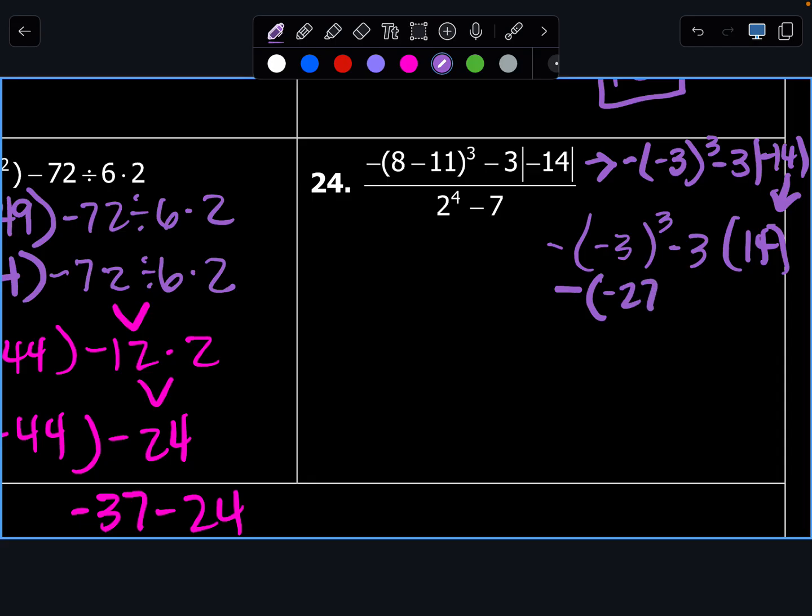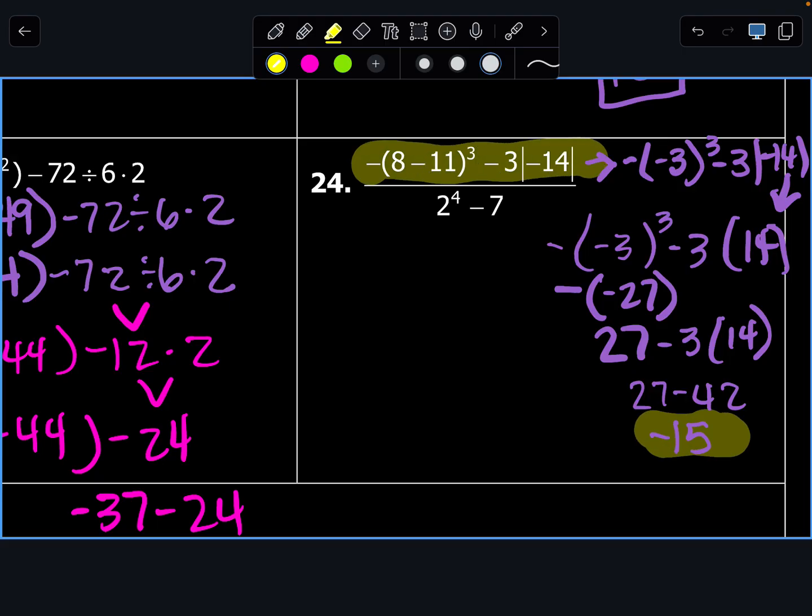Negative 27, okay, which gives us 27, right, because 2 negatives, minus 3 times 14. Okay, you have to do the cube first because that negative could affect it. Okay, 3 times 14 is? 42. 27 minus 42 is? Negative 15. Good, so that is the top.